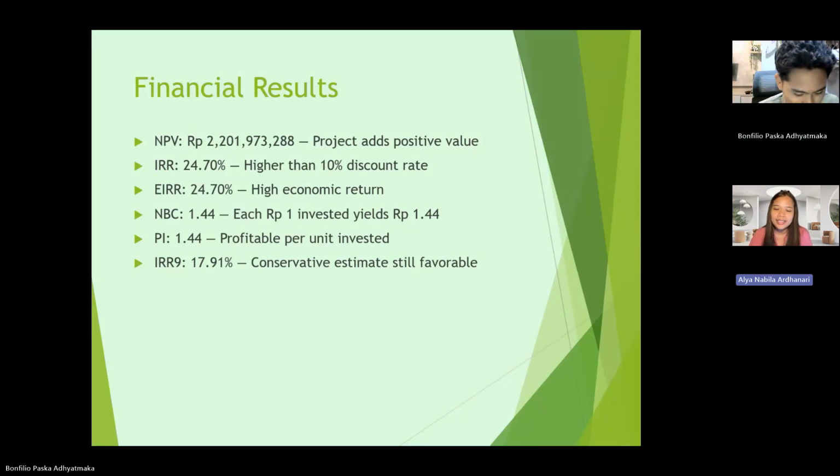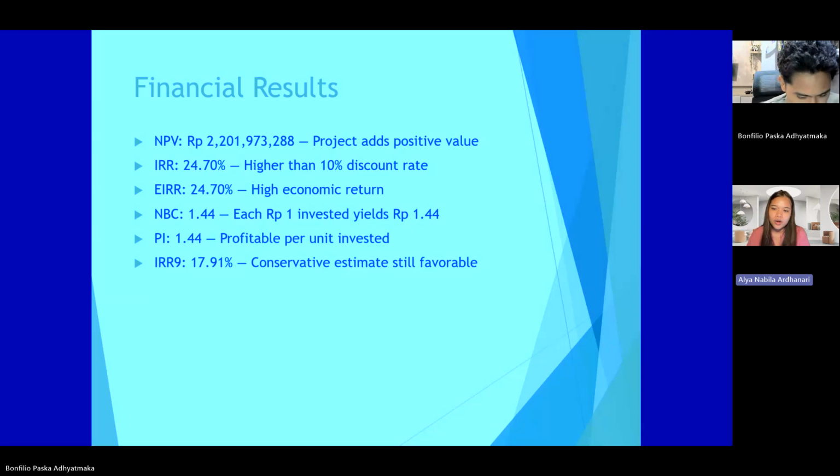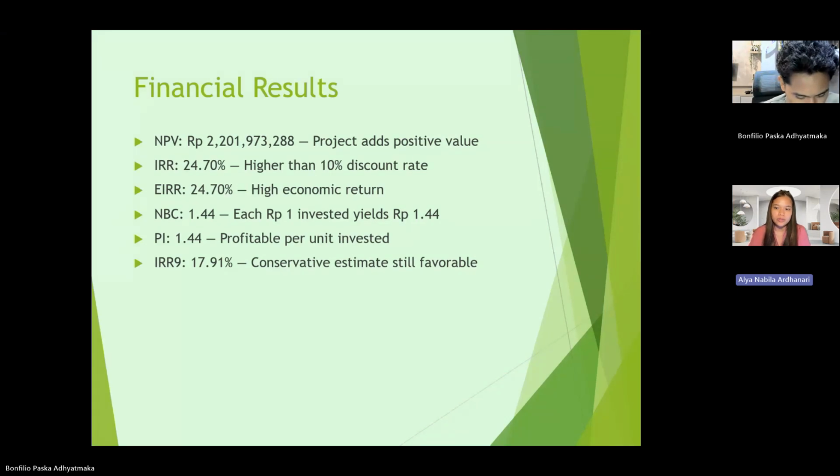We also calculate the profitability index, or PI, using the same values, present value of inflows divided by initial investment. This also gives us 1.44, reinforcing the project's financial efficiency.